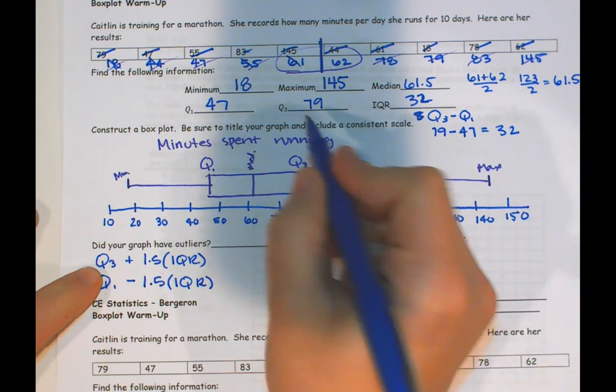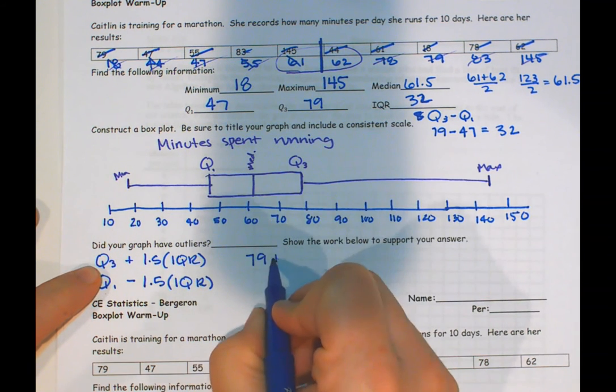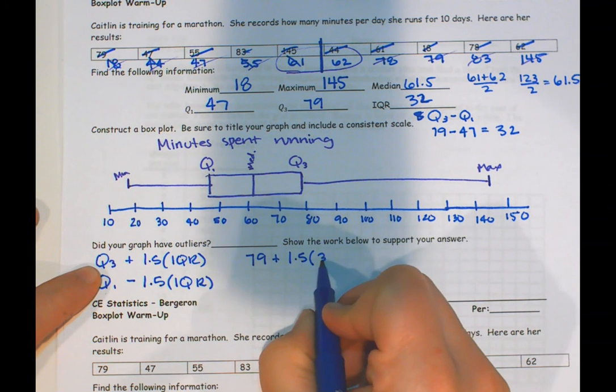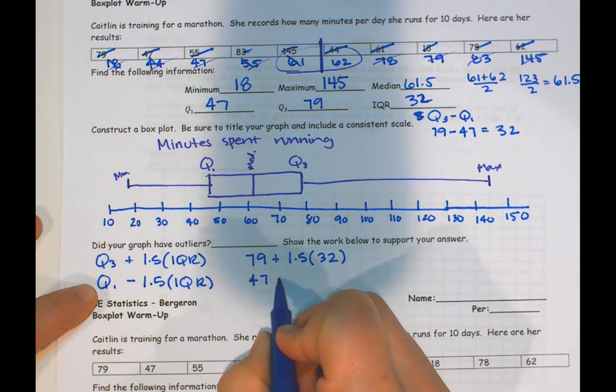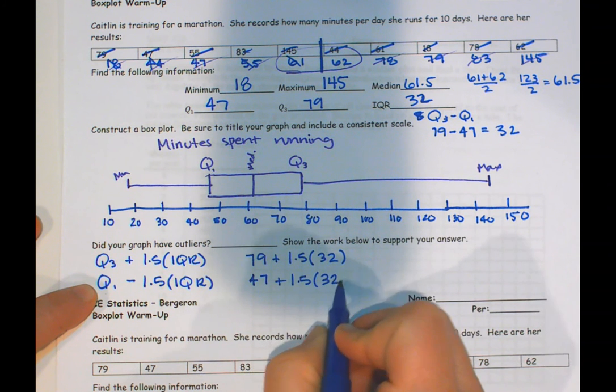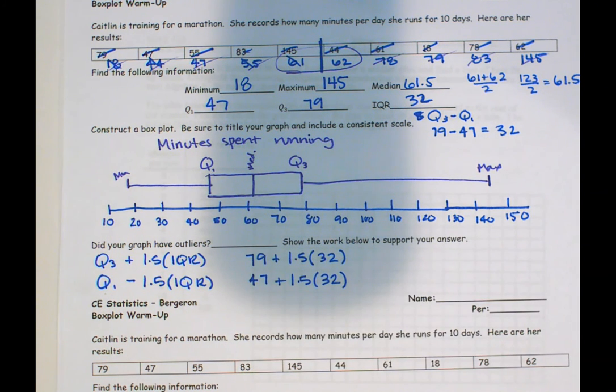So my Q3 was 79 plus 1.5 times 32. And then my Q1 was 47 plus 1.5 times 32. So we use this one to find if there's any numbers that are too big, and then this one to find if there's any numbers too small.